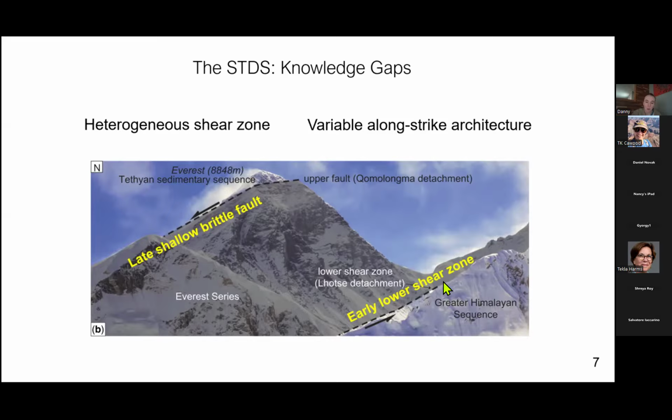And while the earlier shear zone, we can trace it pretty much along the entire strike of the Himalaya, the later shallow brittle fault cannot be traced along its entire length. So we see these differences in expression of the South Tibetan detachment system that are indicating that there's some variable control, perhaps lithology, structure, temperature, along the strike of the Himalaya that is impacting the way that strain evolves and localizes at the South Tibetan detachment system.